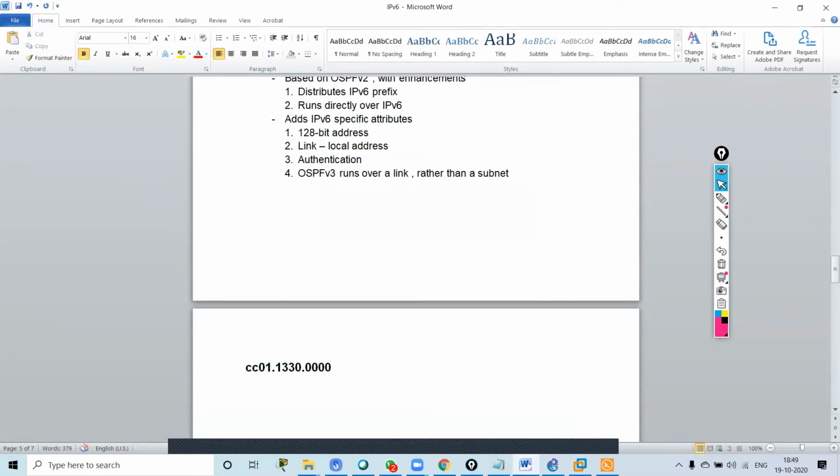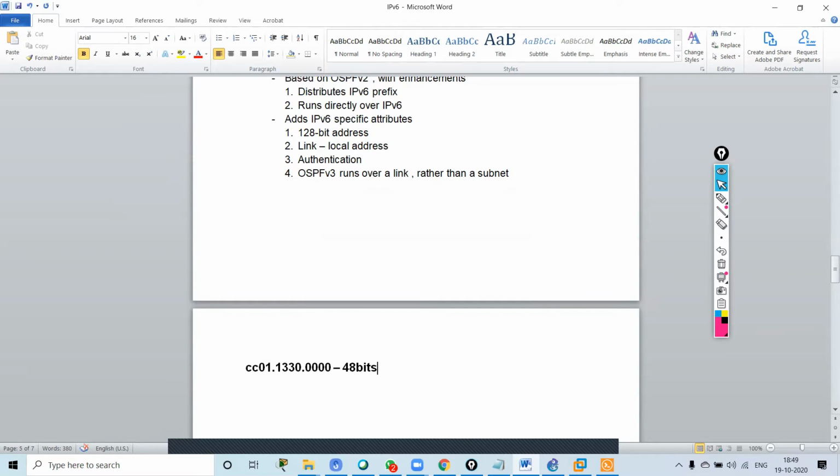Now how is the link local address formed? An IP version 6 address is 128 bits. This MAC address is a 48 bit address.